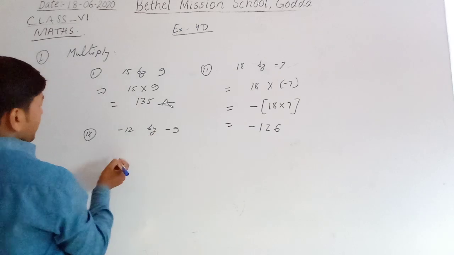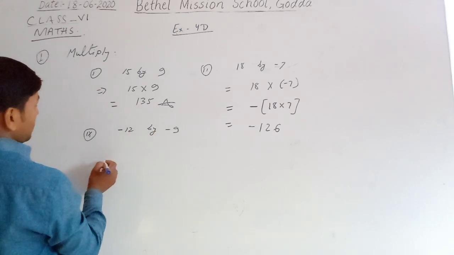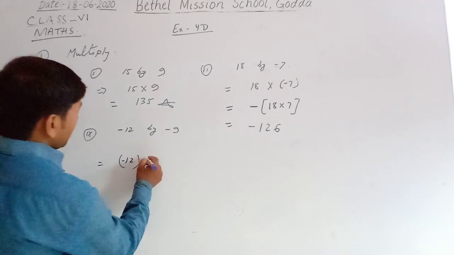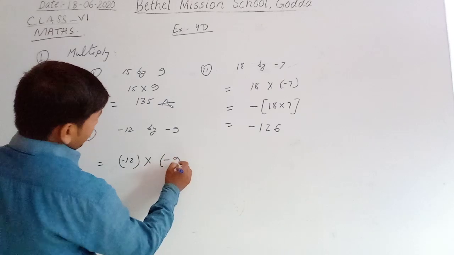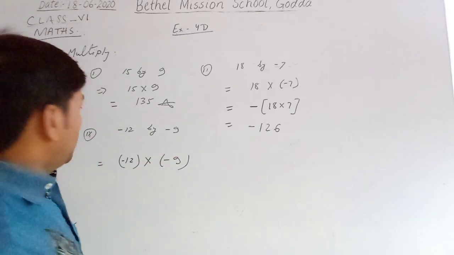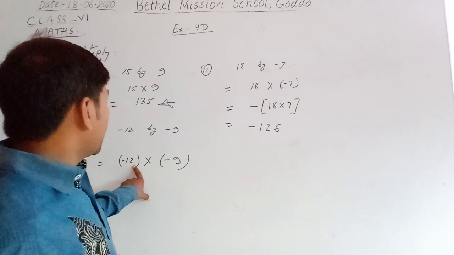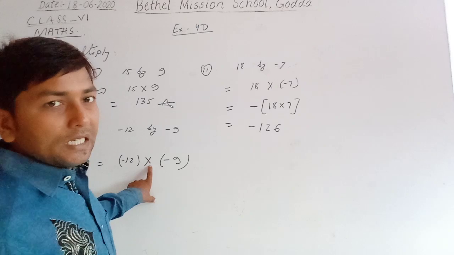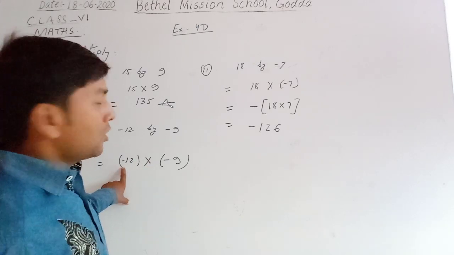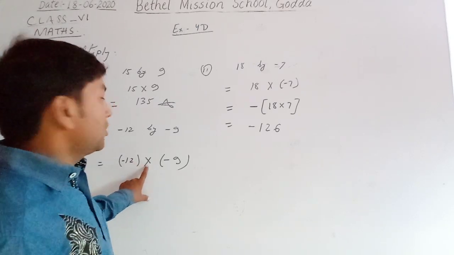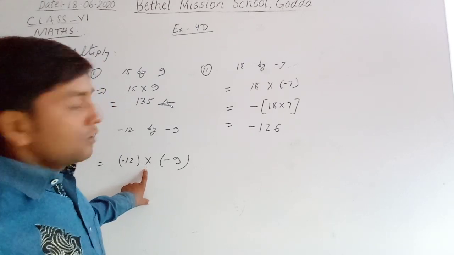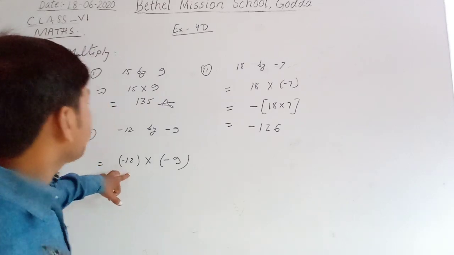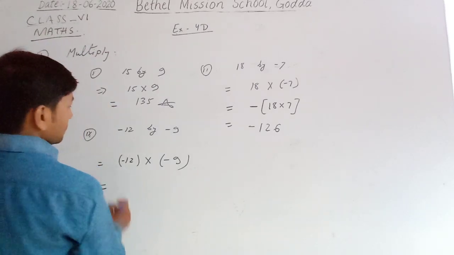This is the answer. Now here, minus 12 multiplied by minus 9. I said already that when you have two symbols, multiplication and minus or plus, then you take one symbol in brackets; usually we take minus in brackets.